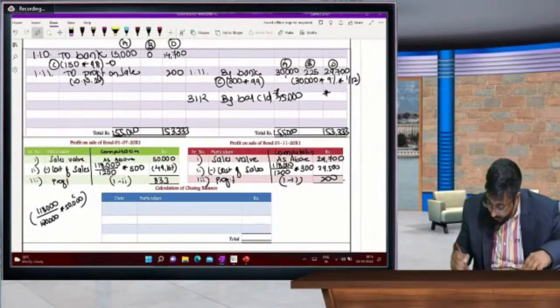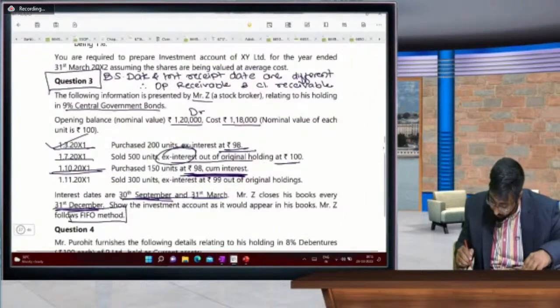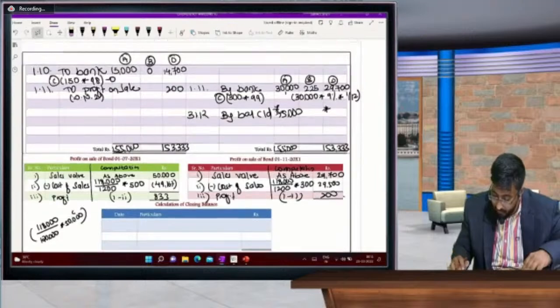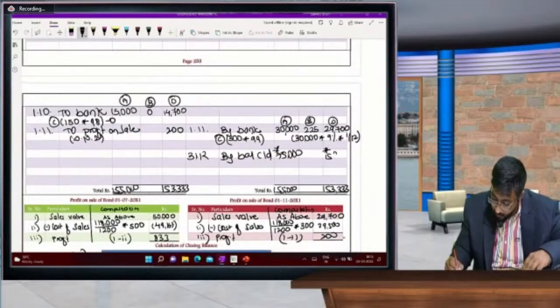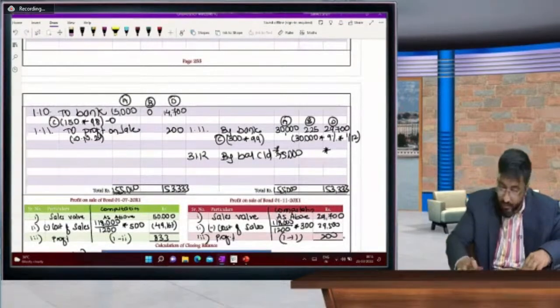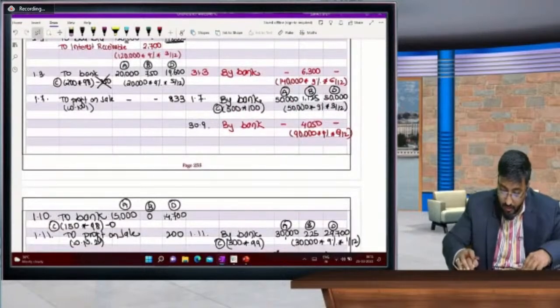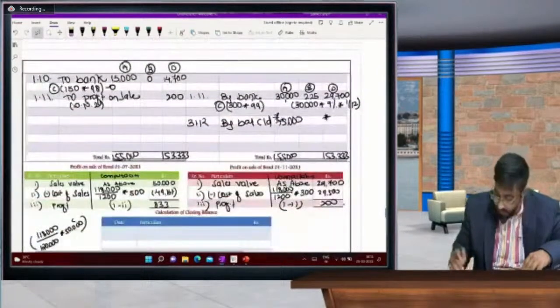See beta, 153,333, minus 29,700 on the credit side, minus 50,000 on the credit side. 73,633.